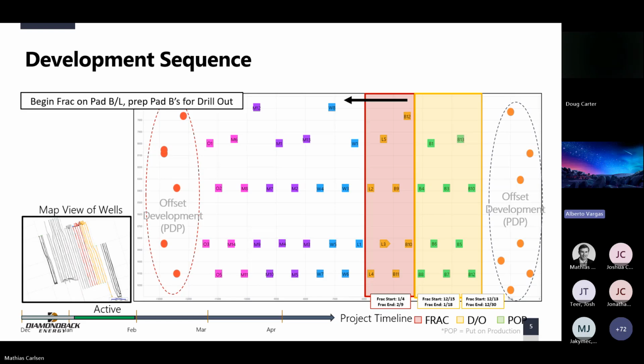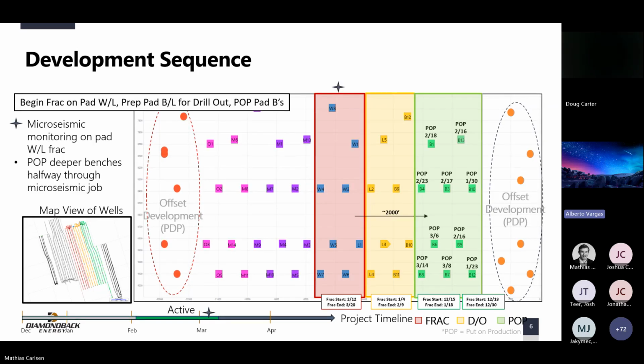Once pad B, the first one, was completed, the frac crew moved to the next pad, BL. Now pad B was ready for plug drill out. Notice the same color in the map view: red for fracturing and yellow for plug drill out. It's like a game of frac tag, but with millions of dollars at stake.